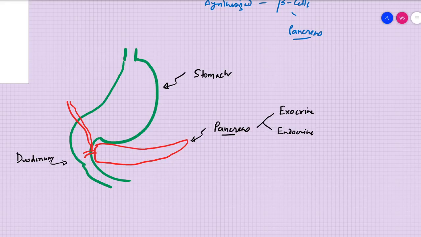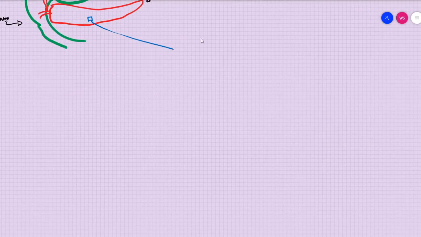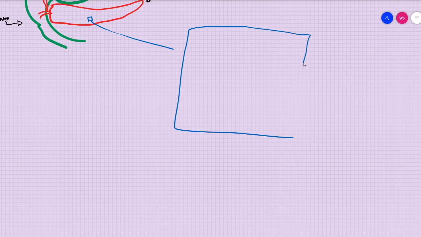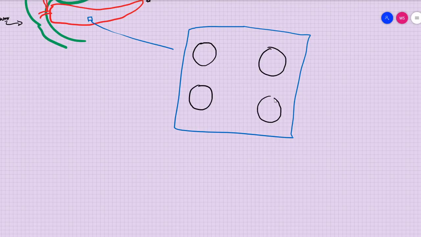Now, if we take a section of the pancreas and we blow it up, we blow up this section, and we are trying to draw what we would see in a histological section. Okay? So what we would see is this rounded kind of cells which has got a lumen, and these cells kind of have got their walls opening into the lumen.